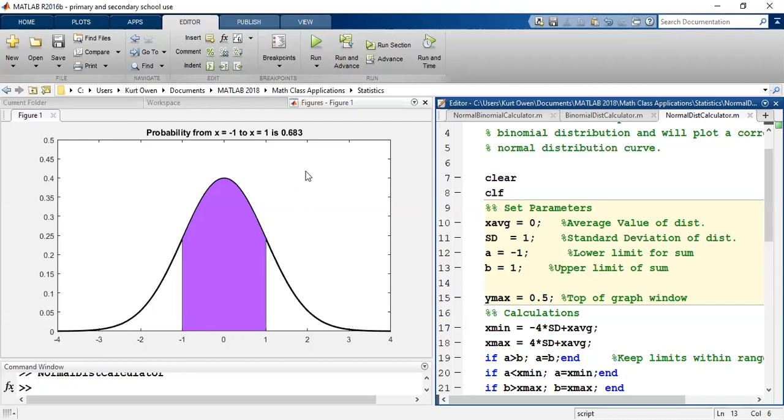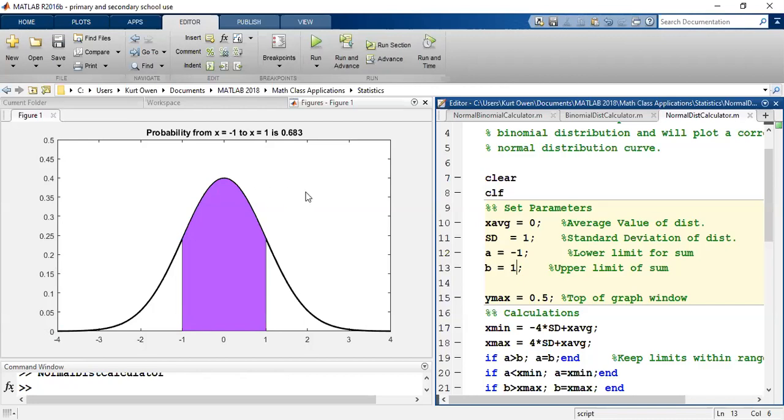If you look at the title of this graph, you can see that's 68.3%, and even that is an approximation. So it's fair to say about 68%, which is just over 2/3 of the data, if you have normally distributed data, will fall within 1 standard deviation of the mean, from 1 below to 1 above.